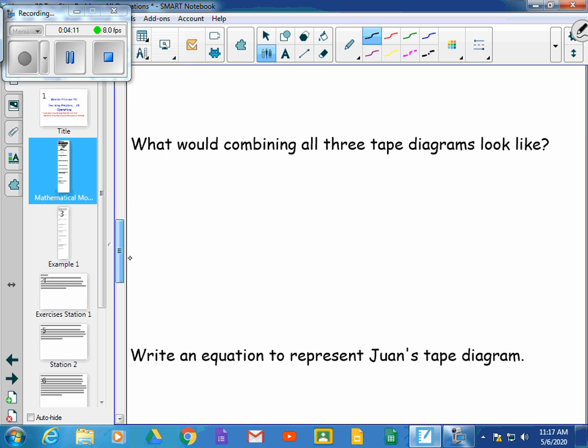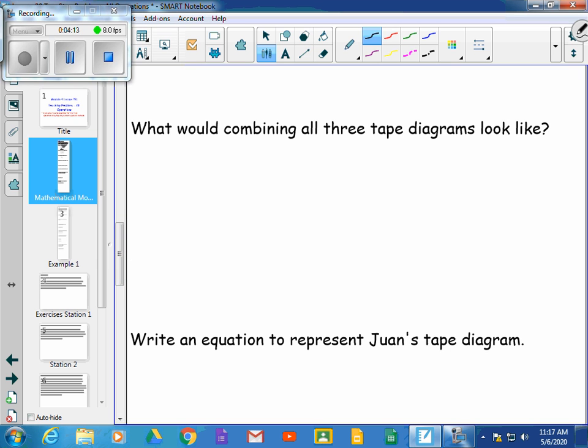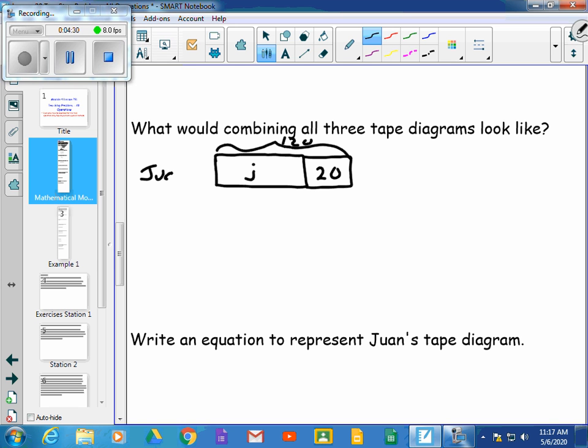Now, what would combining all three tape diagrams look like? Basically we're redrawing them so that they're all next to one another. We had something that looked like this for Juan: J plus 20, and that equaled 120. We had something that was the same size as the J, D plus 15, that was Rashad.